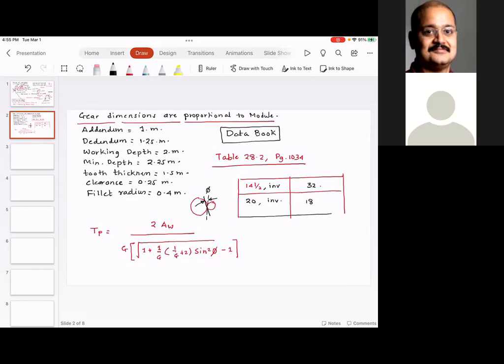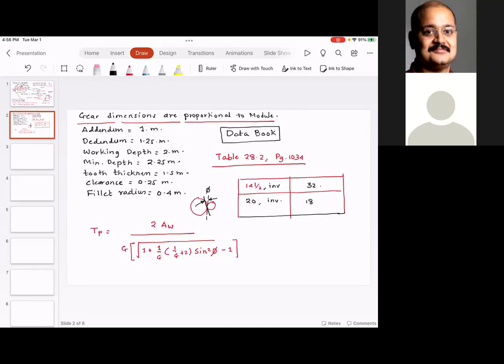So the idea is, you select the pressure angle that you want, or sometimes they will dictate the pressure angle. Then you select the type of tooth you want to cut: involute, stub, or composite, and then go to table 28.2 and find the minimum number of teeth. Everyone understood this?